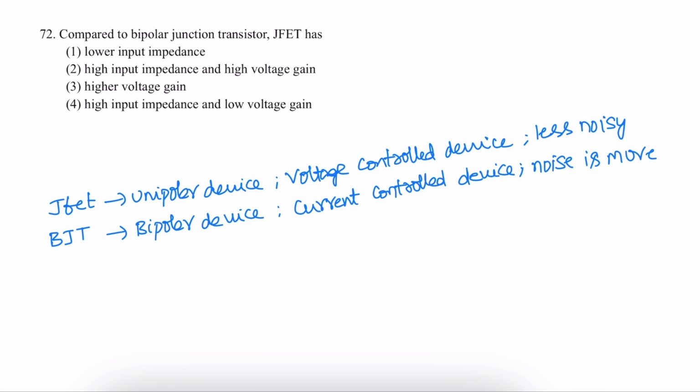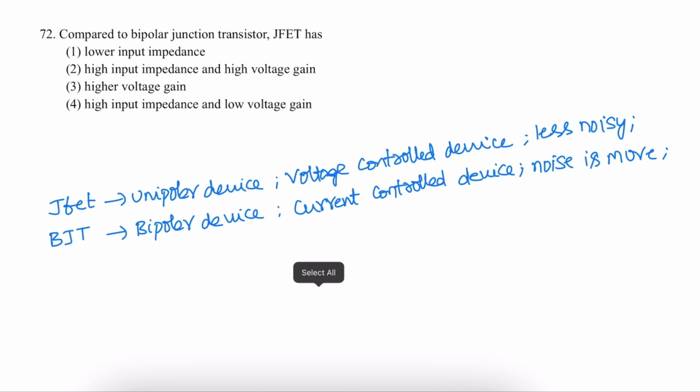72nd question. Compared to a bipolar junction transistor, FET has... The field effect transistor is a unipolar, voltage controlled device, as seen in the previous question. FETs are less noisy, and BJT is a bipolar, current controlled device, and noise is more. FET is smaller in size compared to BJT.